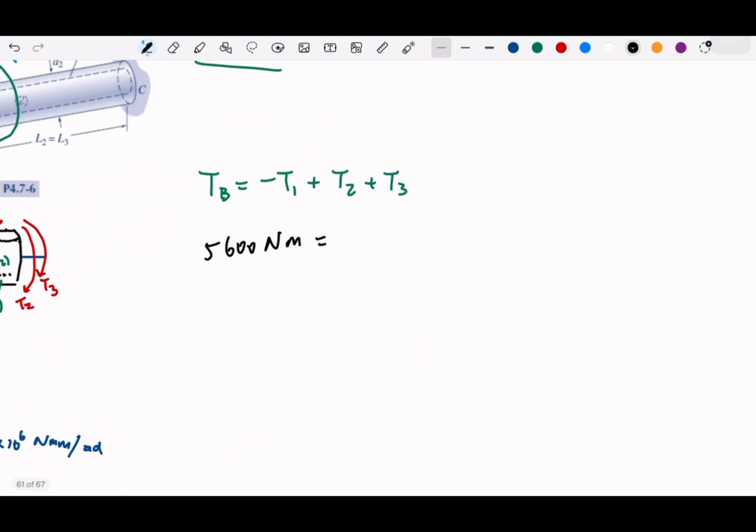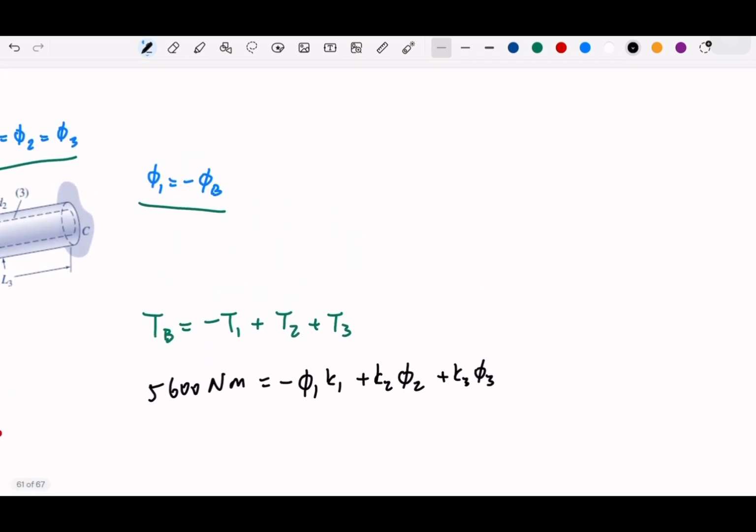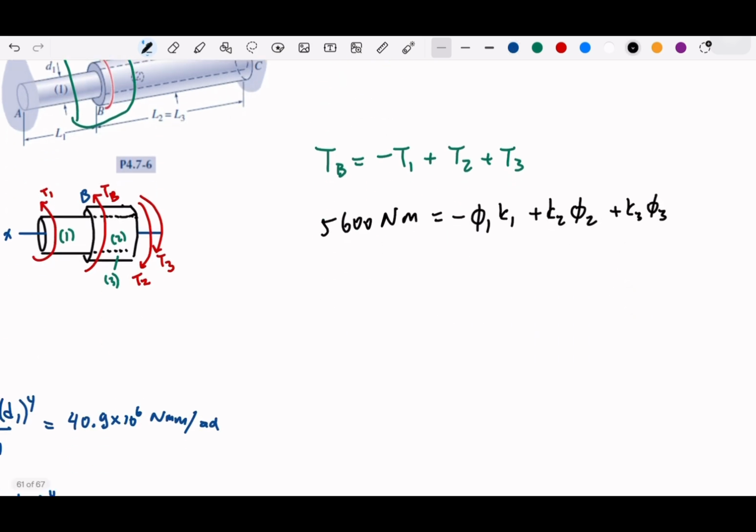So we can compute that. Okay. And then from what we have here, we have that phi1 is negative phi B, and phi2 equals phi3. We can substitute all into these computations.